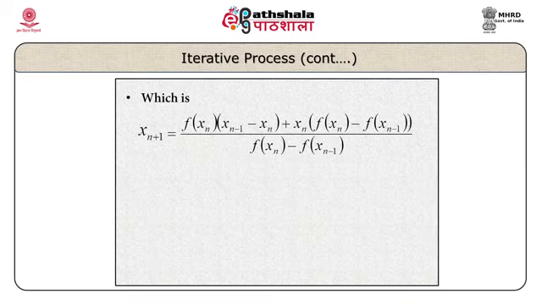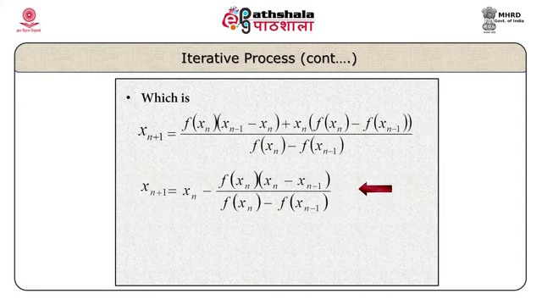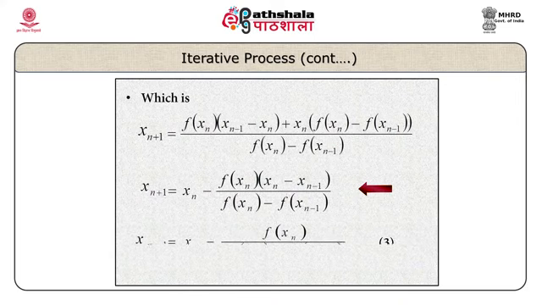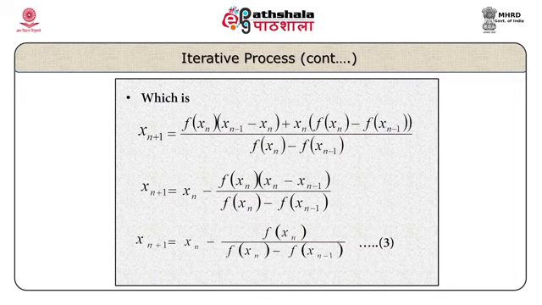Now, in the first two terms we take f(xn) common. So, it becomes f(xn) and in the bracket x(n-1) minus xn, and from the last two terms in the numerator we take xn common. So, it becomes xn into [f(xn) minus f(x(n-1))]. So, the numerator becomes f(xn) into [x(n-1) minus xn] plus xn into [f(xn) minus f(x(n-1))], and denominator is f(xn) minus f(x(n-1)). Now, we break from this plus in the middle.